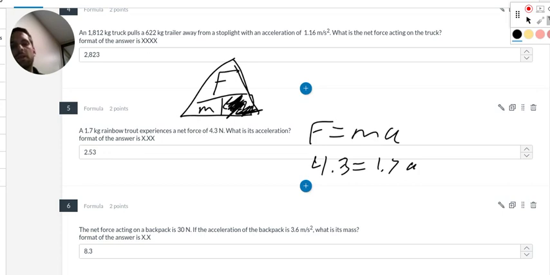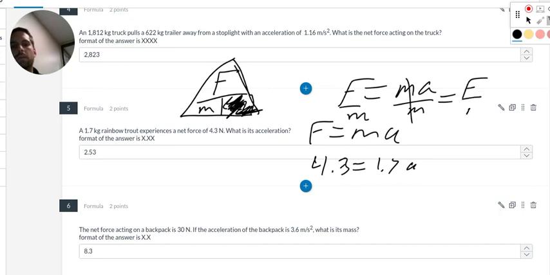So a lot of ways to do this. However you want to do this, you get 4.3 over 1.7 eventually.